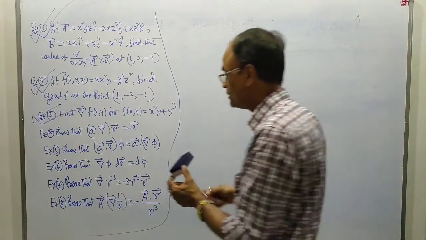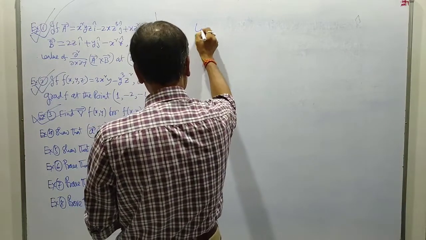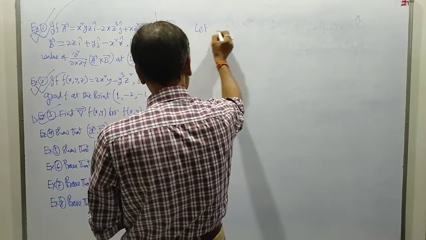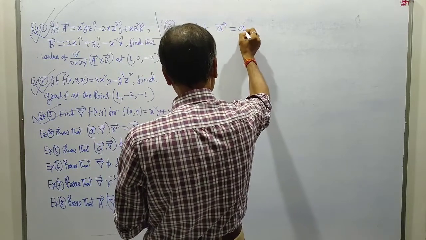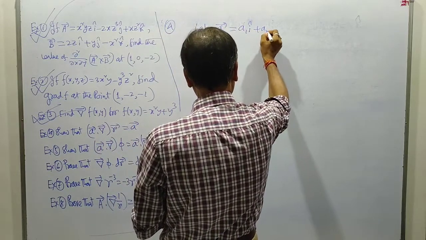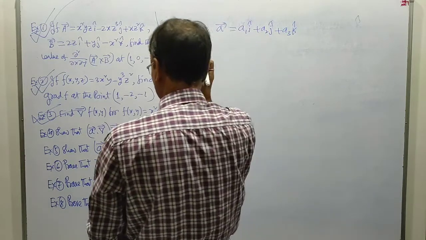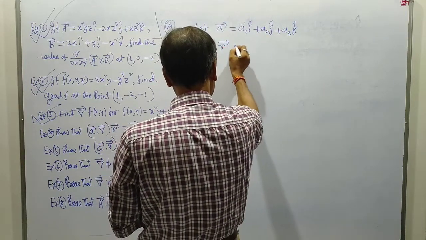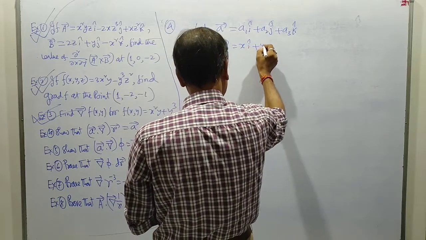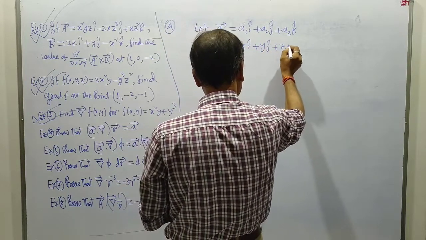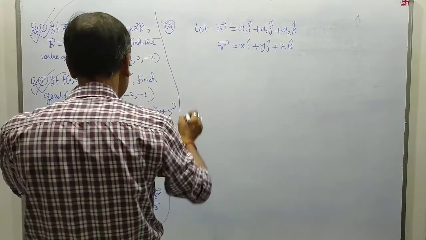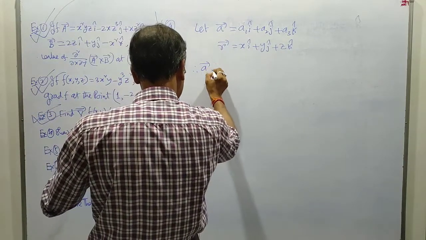Let vector A equal A1 i cap plus A2 j cap plus A3 k cap. Also r is obviously x i cap plus y j cap plus z k cap.